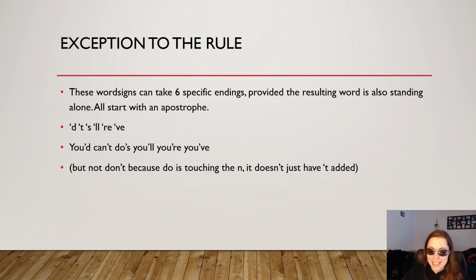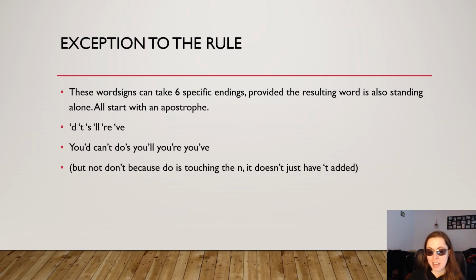The exception is there are exactly 6 endings that can be added to a word sign if the word from the alphabetic word sign is the whole root of the word, and the word with the ending, one of these 6 endings on the list, will form a word that is actually standing alone. Those endings all start with apostrophe. They are apostrophe D, apostrophe T, apostrophe S, apostrophe LL, apostrophe RE, or apostrophe VE.